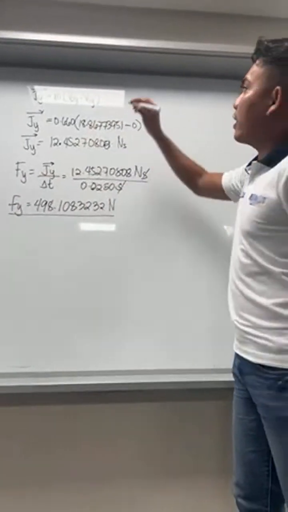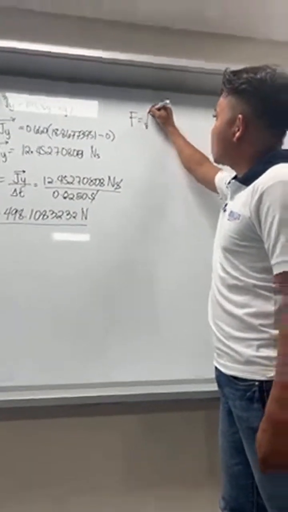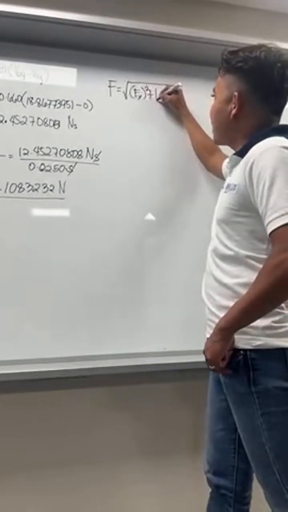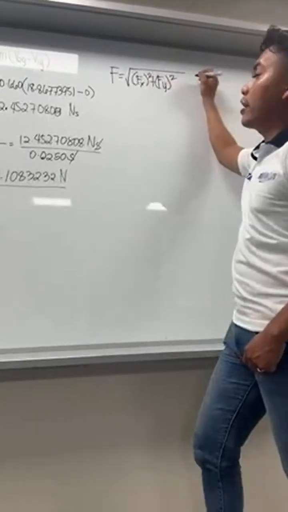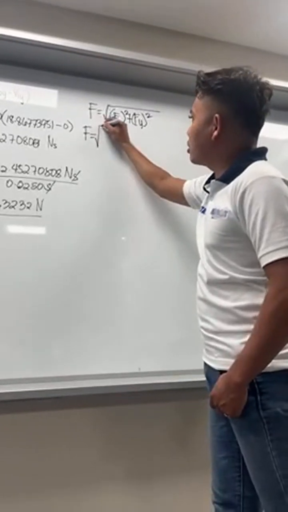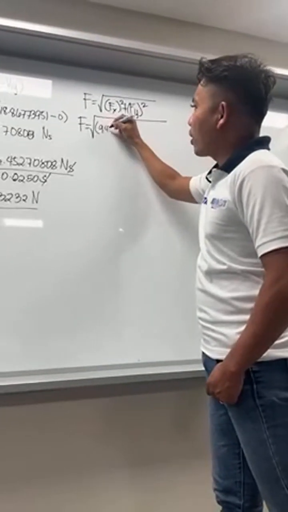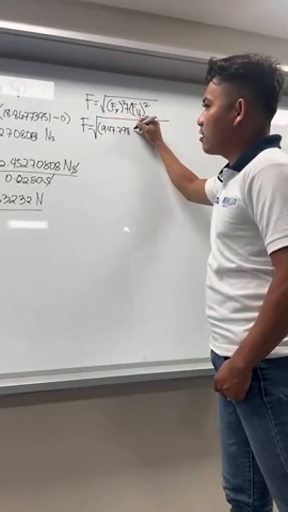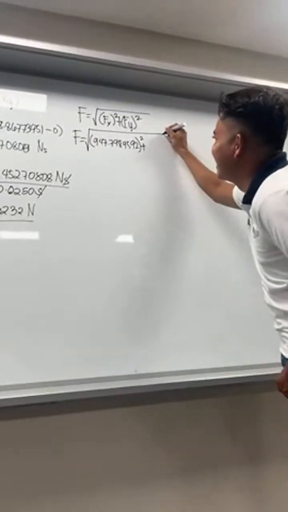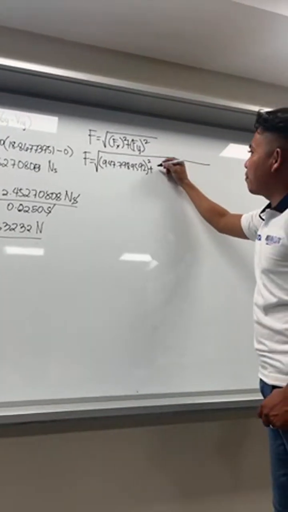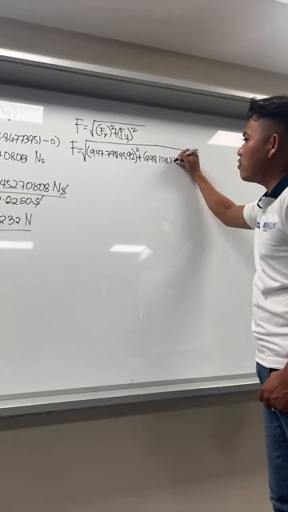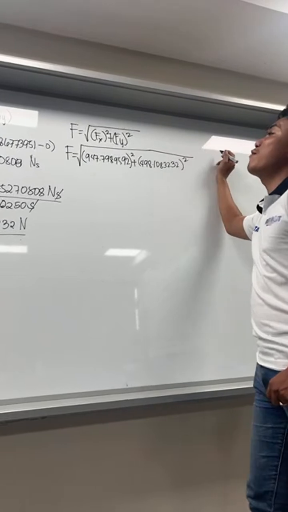The formula for the magnitude F is the square root of Fx squared plus Fy squared. So force is equal to the square root of 947.98959 squared plus Fy, which is 498.10832 squared.